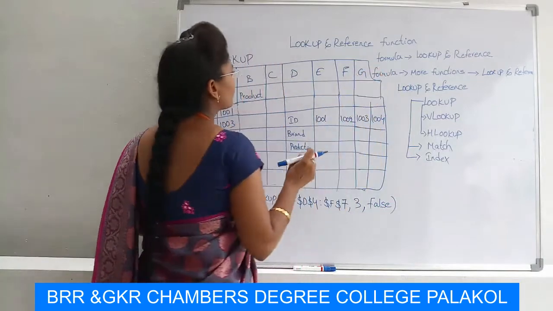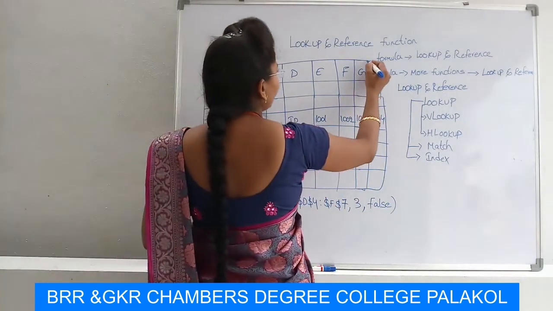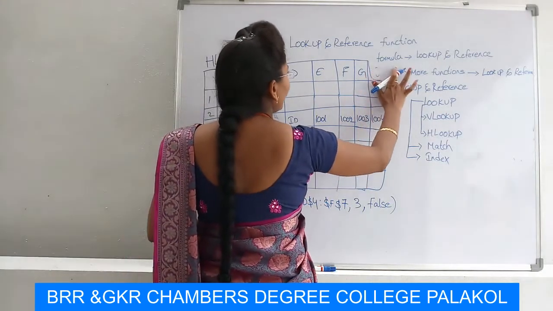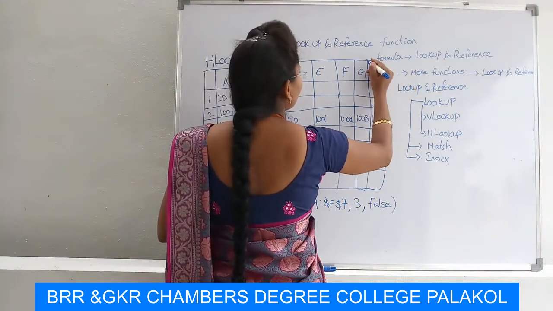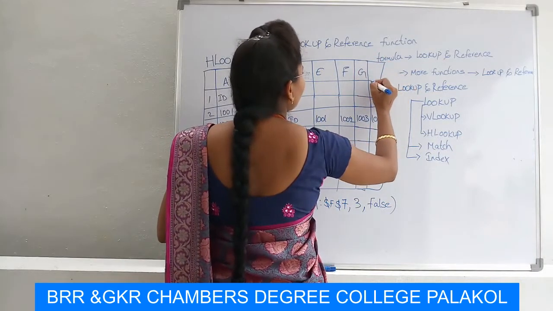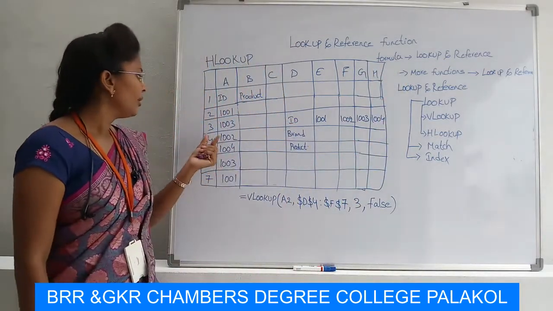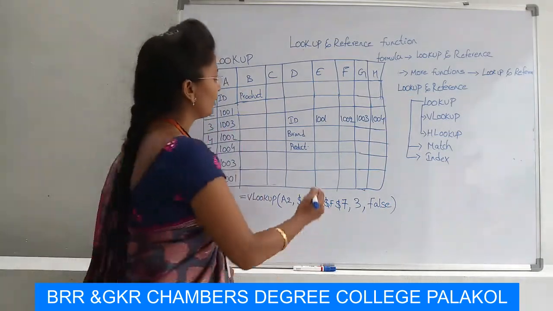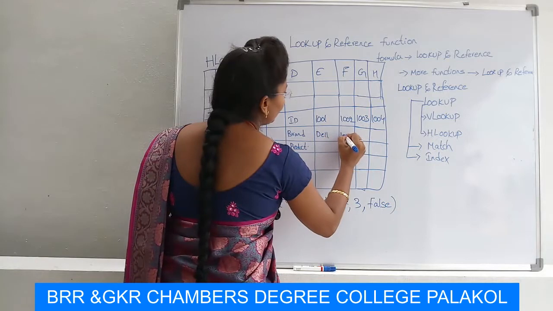This is the G column. Here I entered the G column and this is H1, column H. And then the brand names I have to enter here. The brand names are the previous data only, but I am entering them in the horizontal way.